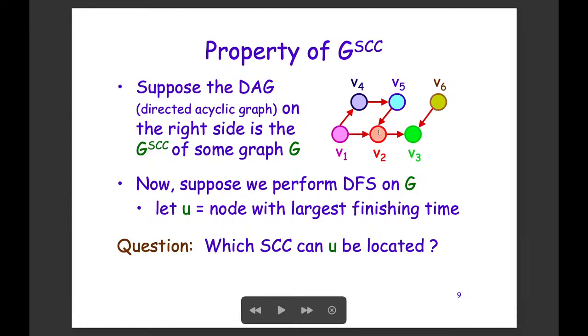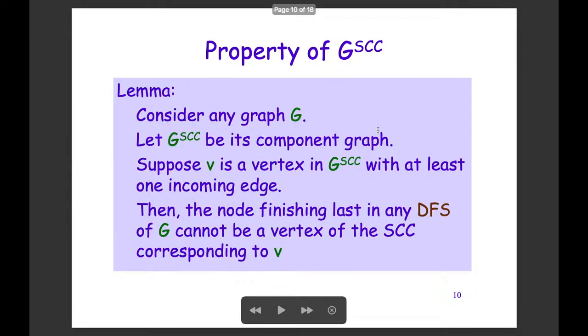It cannot appear in V2, because there are arrows pointing into it. It cannot appear in V4 or V5, but it may appear in V6 or V1. As long as a component is pointed to by an arrow, the node with the largest finishing time cannot appear in that component. This is the key point.